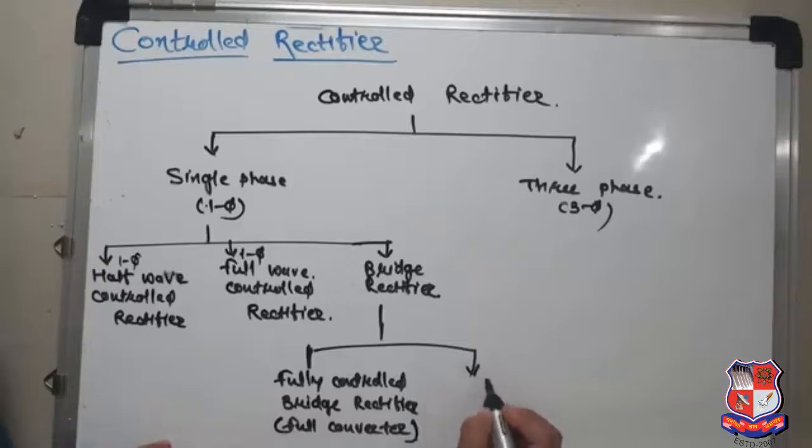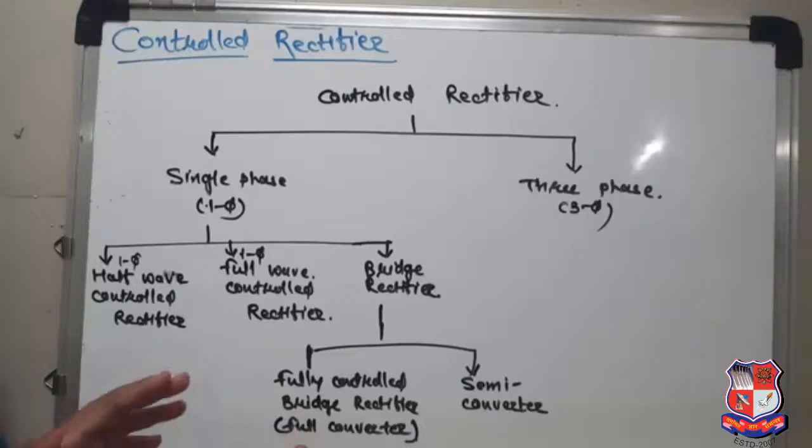The other is the semi converter, or you can say semi controlled bridge rectifier, in which we are using two diodes and two thyristors to control the output voltage.